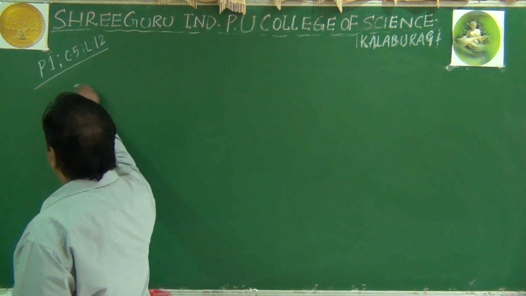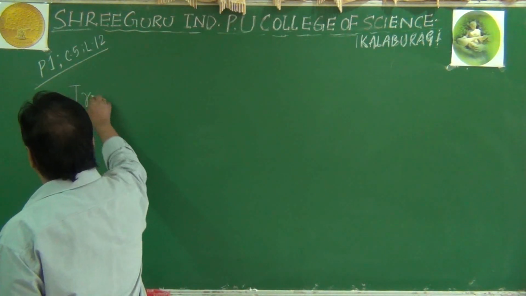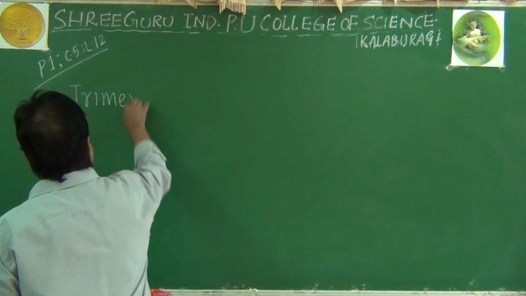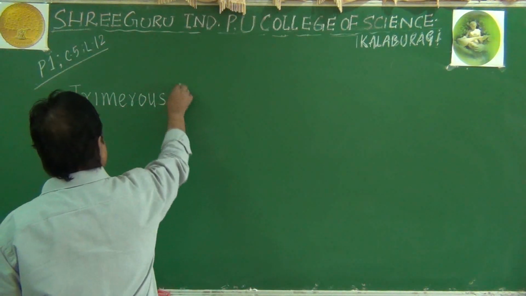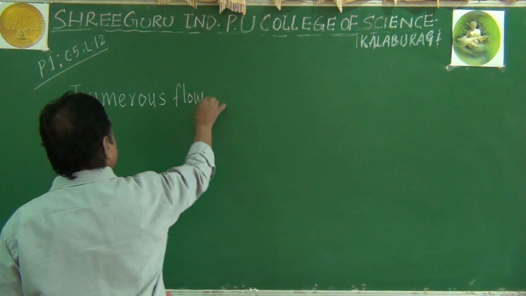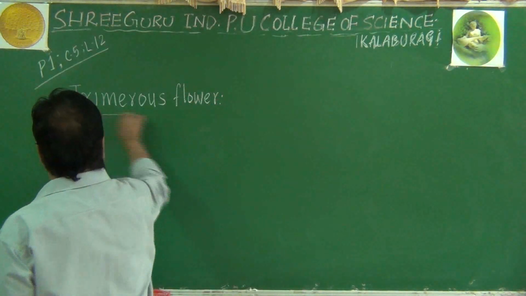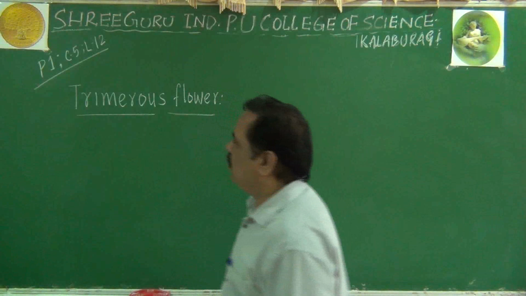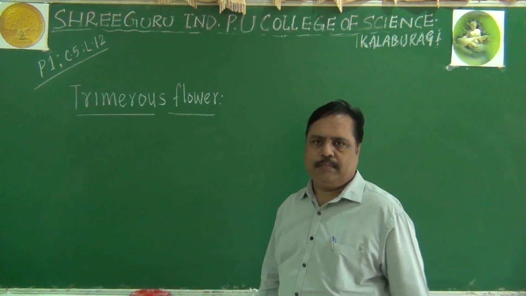Please listen. You must know terminologies like what is a trimerous flower. From the name itself, you can understand tri means three.